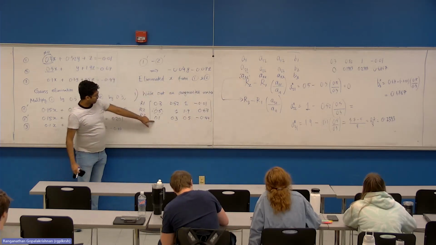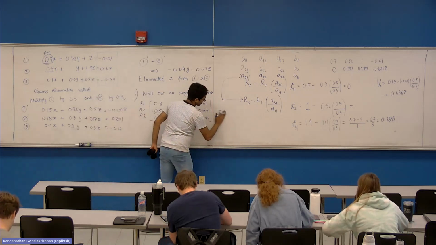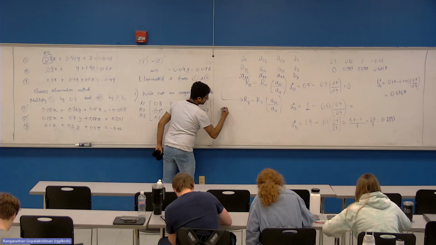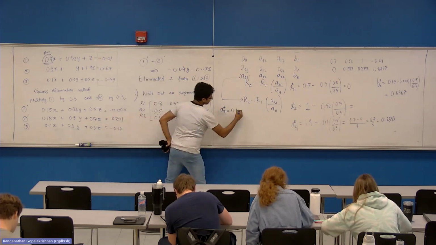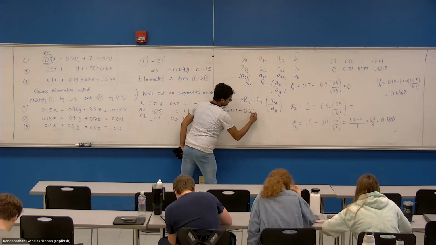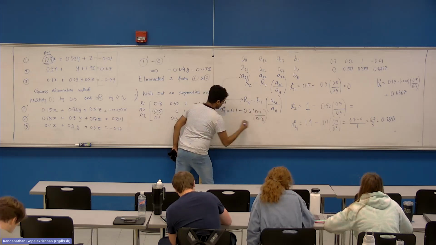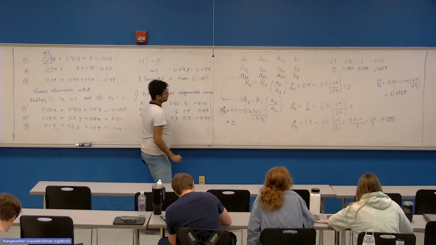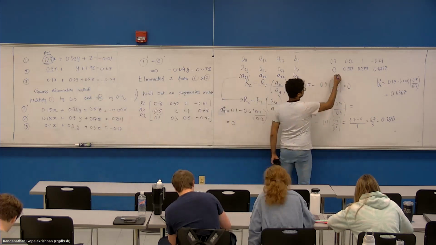I'm going to write A31 star is 0.1 minus 0.3 divided by 0.3 and then multiplied by 0.1. This will make it by definition exactly 0.